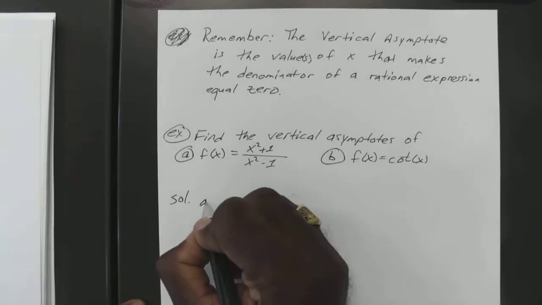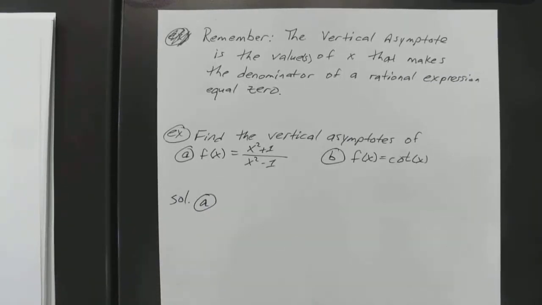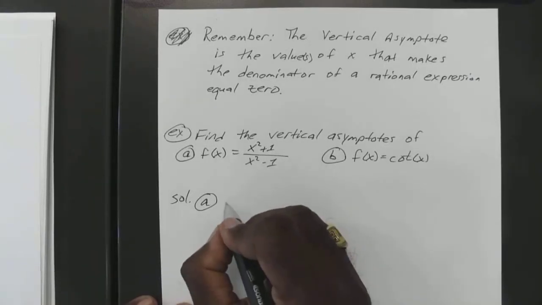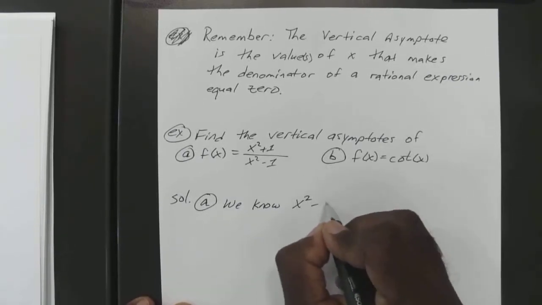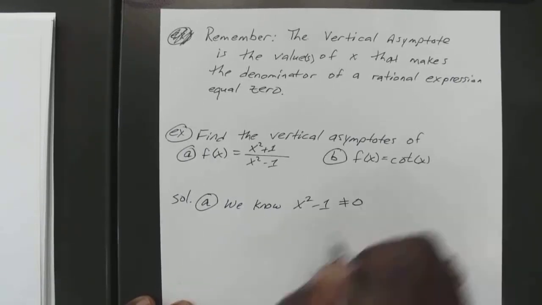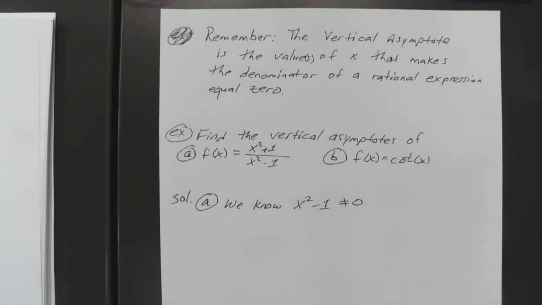Okay. So for problem A, to find the vertical asymptote, we know that the denominator can equal 0. So we know that x squared minus 1 can equal 0. Okay.